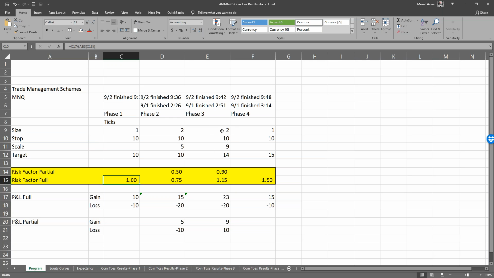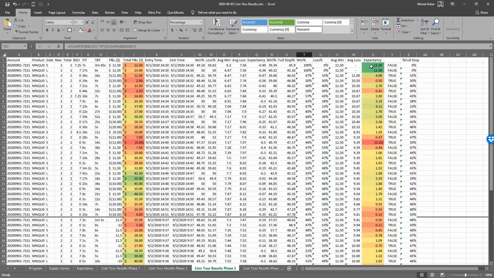Scenario 3, 2 lots, 10 tick stop on the 2, 9 tick scale, and 14 tick target for either a 0.9 or 1.15 R return. And so it starts out pretty good, right? Lucky flips. Looks like short, then long, long, long, long, short, short, short, and so on, regardless of what the market is doing.